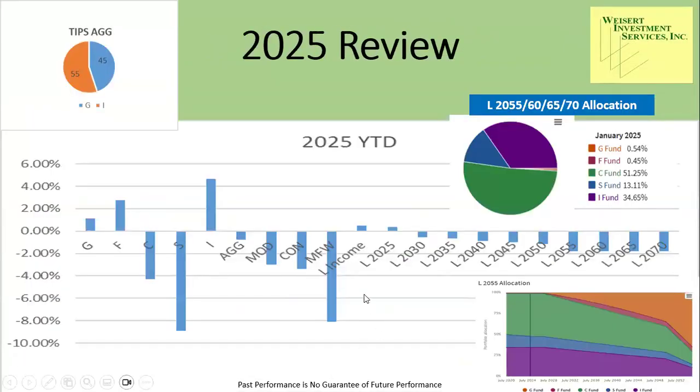The L Fund, if you look closely at this down here in the bottom right corner, that's the L 2055 Fund allocation. You'll notice it starts in 2020 and goes through to 55 down here. So this is where we are, let's say, at any time point. You can see the different funds that they have in there and what each component is.